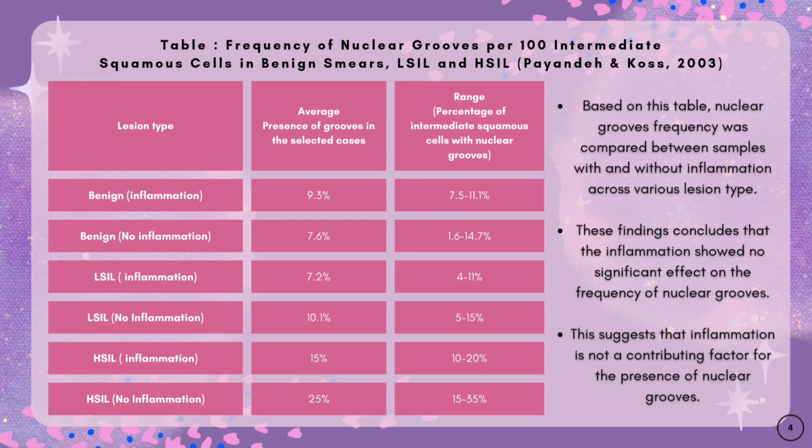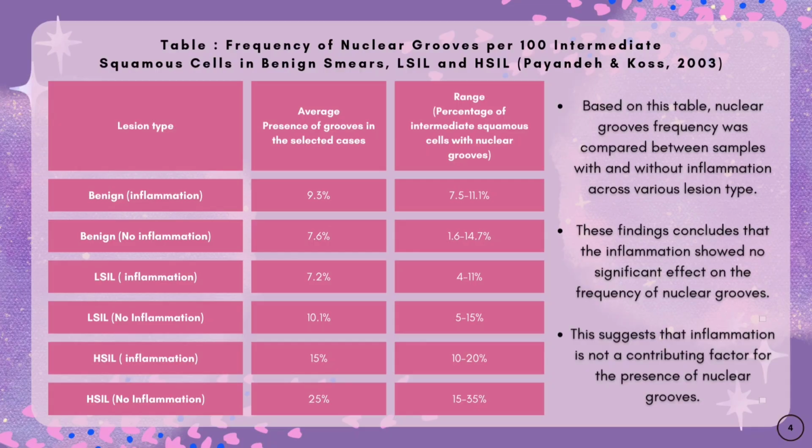For example, in benign smears with inflammation, about 9.3% of intermediate squamous cells showed grooves, and the values range from 7.5% to 11.1%. What's important here is that benign and low-grade smears had relatively low and similar frequencies, whether inflammation was present or not.